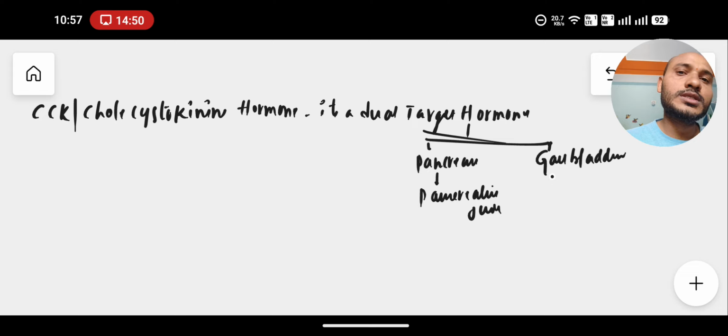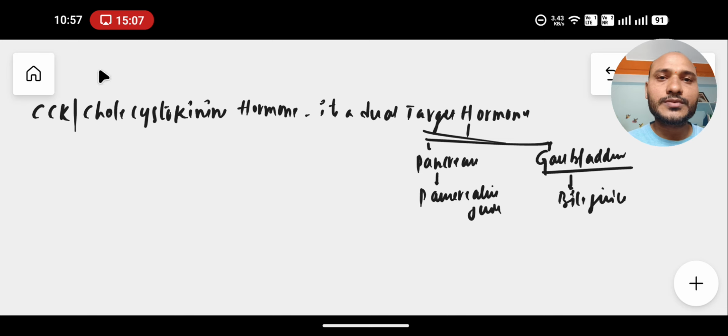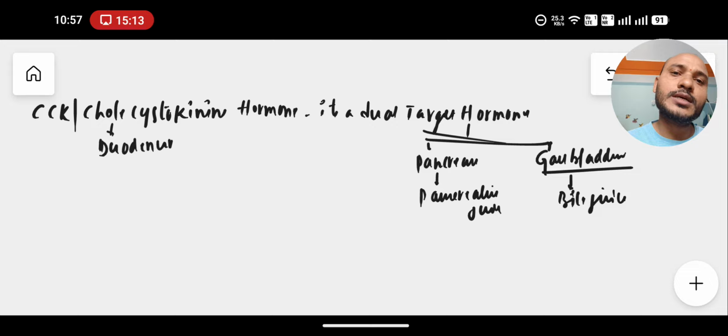When it stimulates the gallbladder, bile juice is released. So we get bile juice from the gallbladder and pancreatic juice from the pancreas after stimulation by the CCK hormone. The source of this CCK hormone is the duodenum. The majority of the GIT hormones have the duodenum as their source. So this is about the CCK hormone.